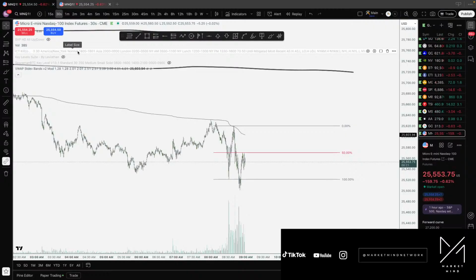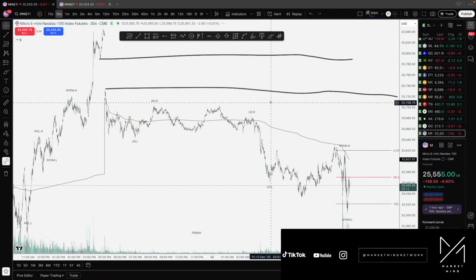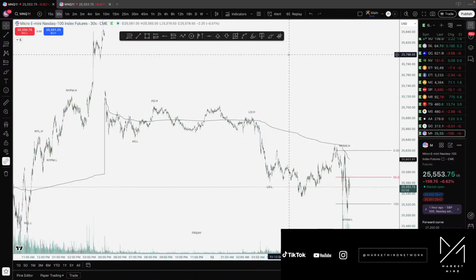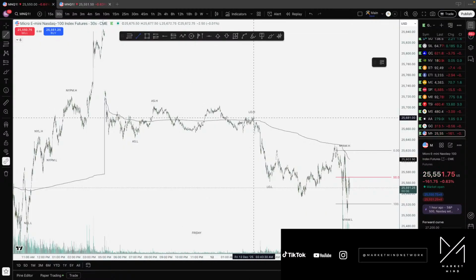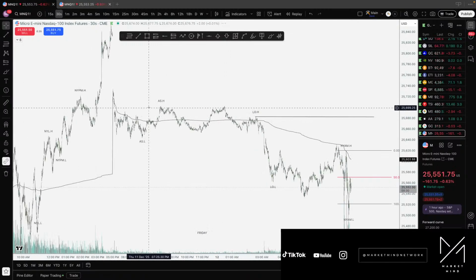So I used this ICT kill zone. I like this little tool. It kind of gives me the lows and the highs of the sessions. Right now you have Asian high, London high right here. I would prefer us to rotate there and take all these highs over here.